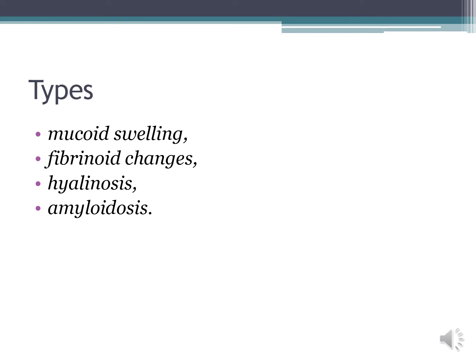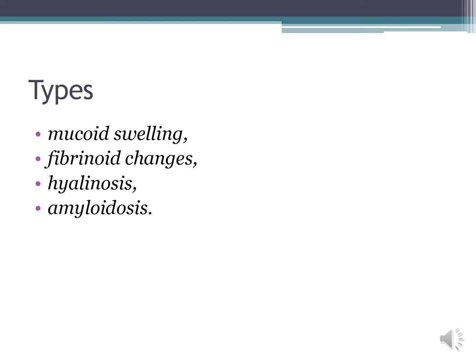We know mucoid swelling, fibrinoid changes, hyalinosis, and amyloidosis. The first three could be stages of the same process, starting with mucoid swelling, going to fibrinoid changes, and at the end, hyalinosis, for example.